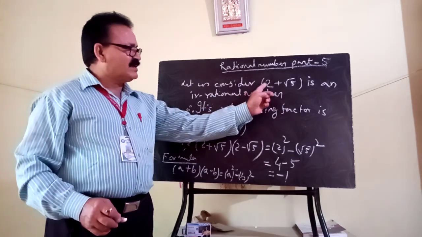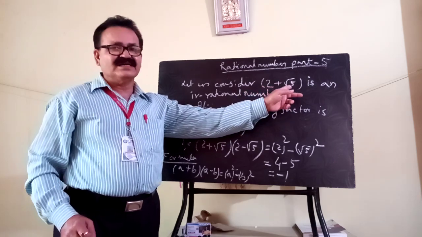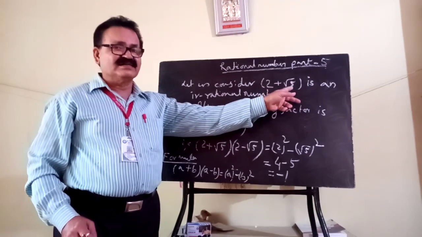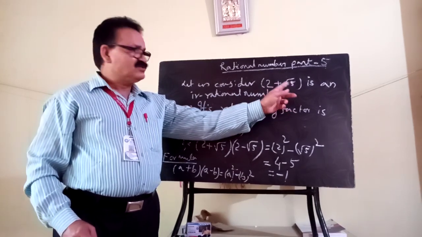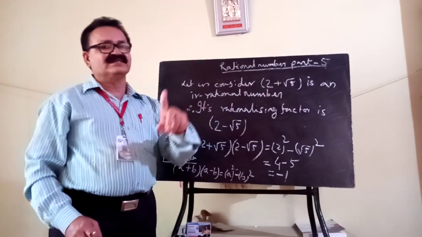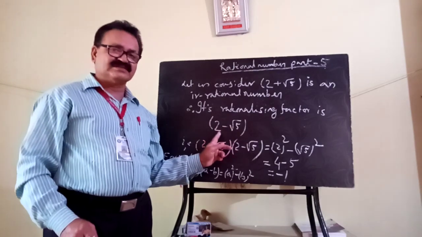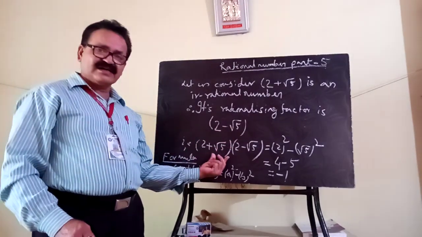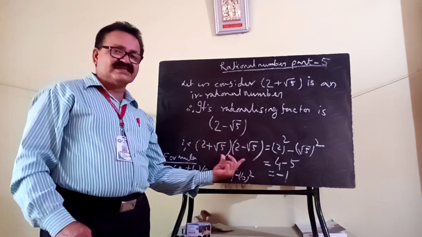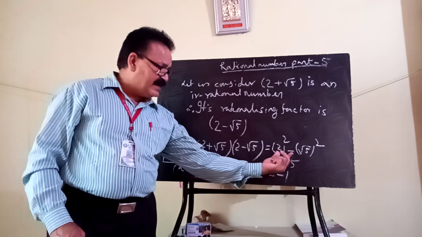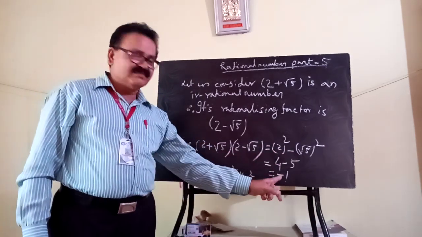Because 2 is rational, but when it is added with root 5, it becomes irrational, because 5 is not a square number, so the square root of 5 is irrational. The sum or difference of a rational and an irrational is irrational. But the product of two irrational numbers may become a rational number.